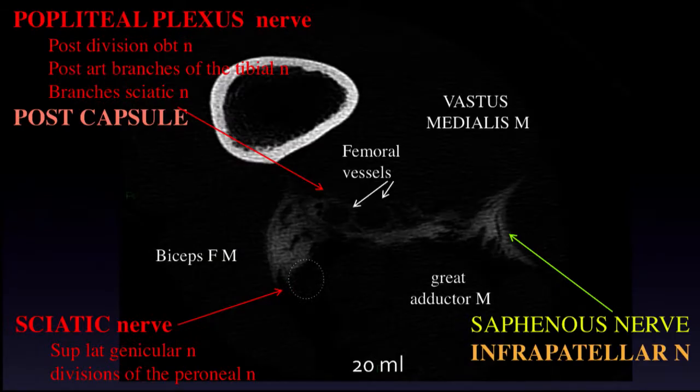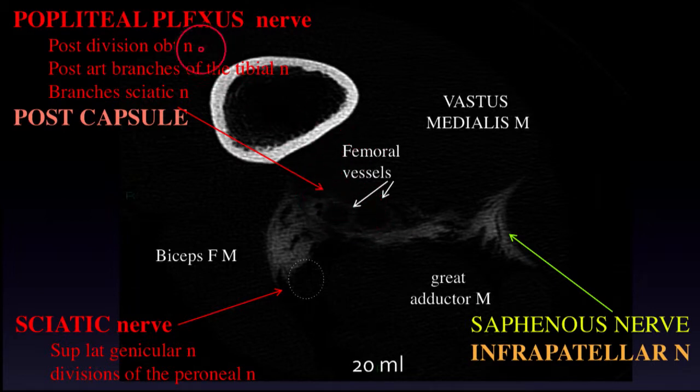As a consequence, you have an anesthesia of the saphenous nerve that is responsible for the infrapatellar area, but mainly and first of all you have a lot of local anesthetic located around the femoral vessels here.